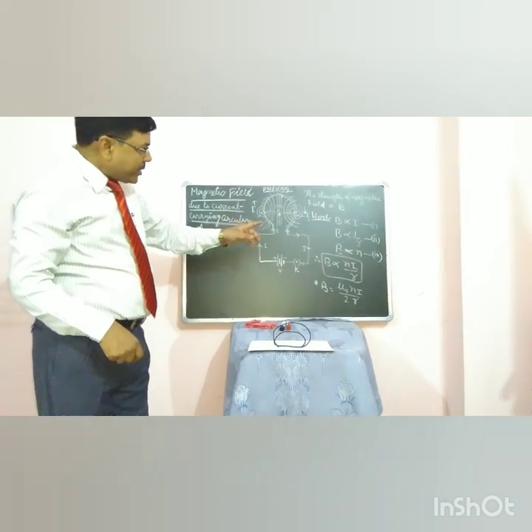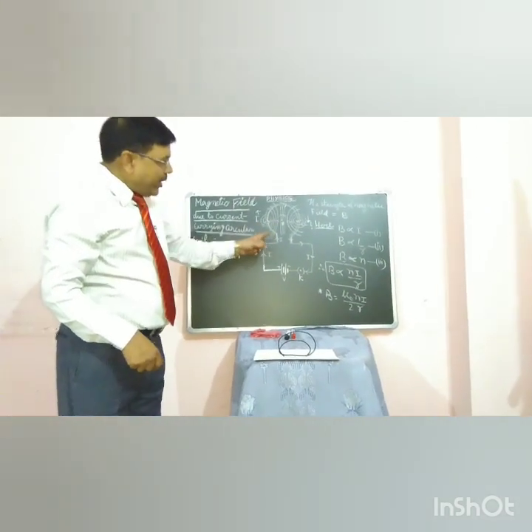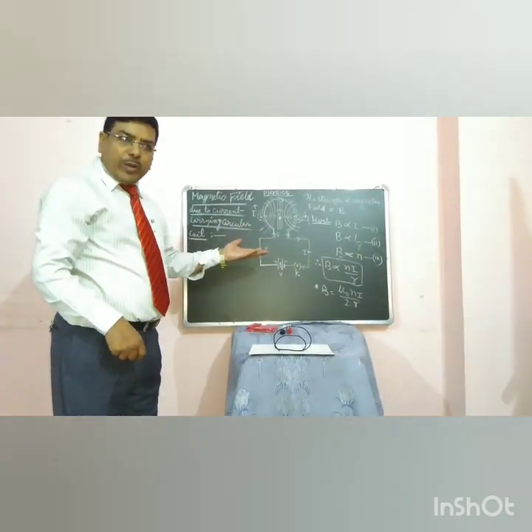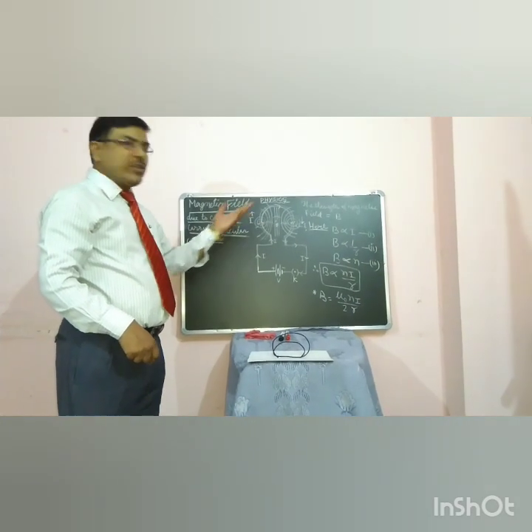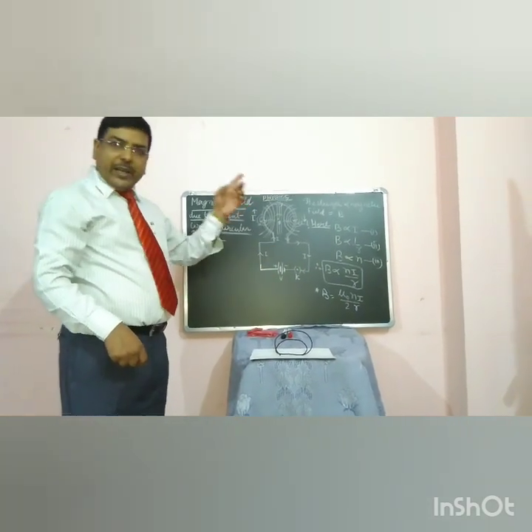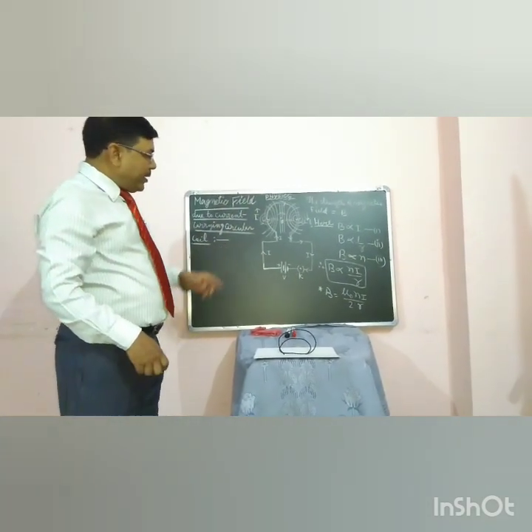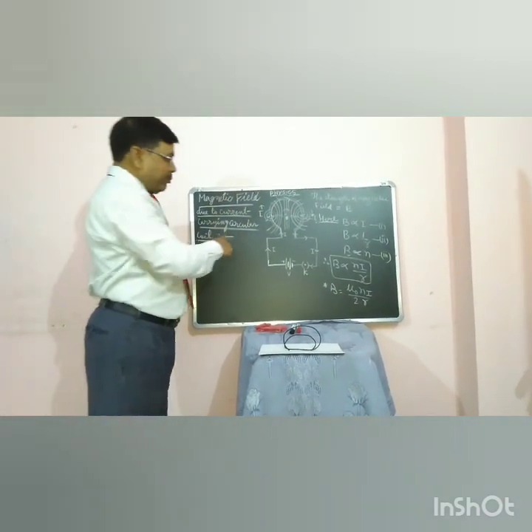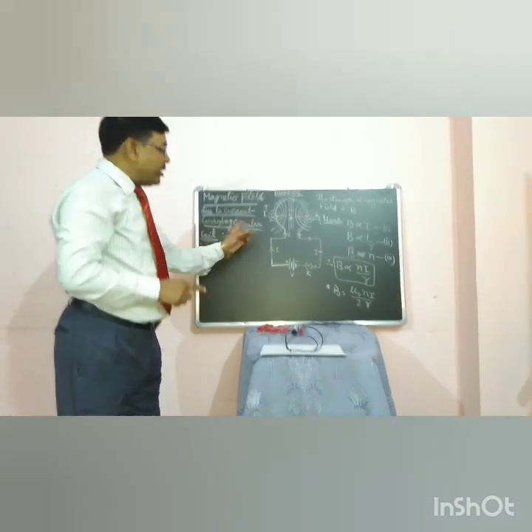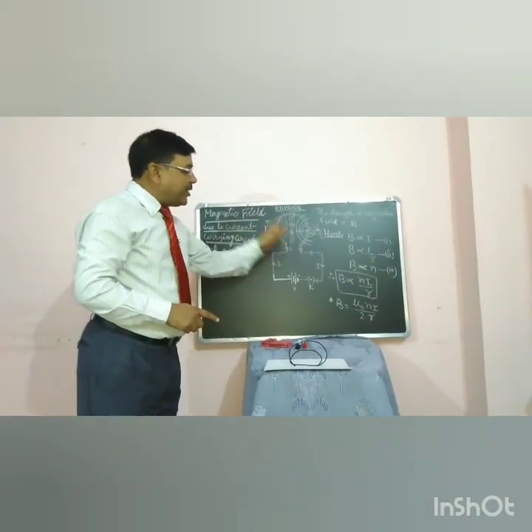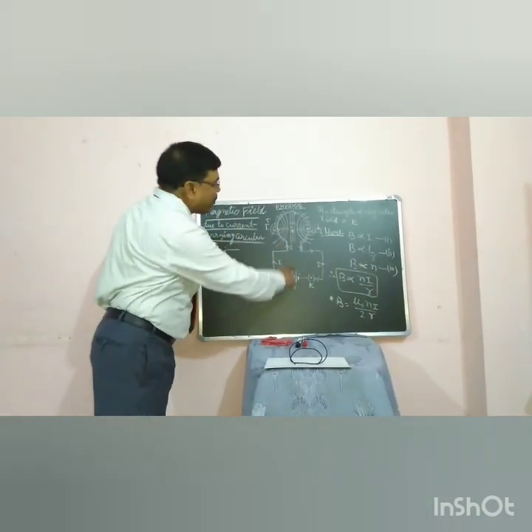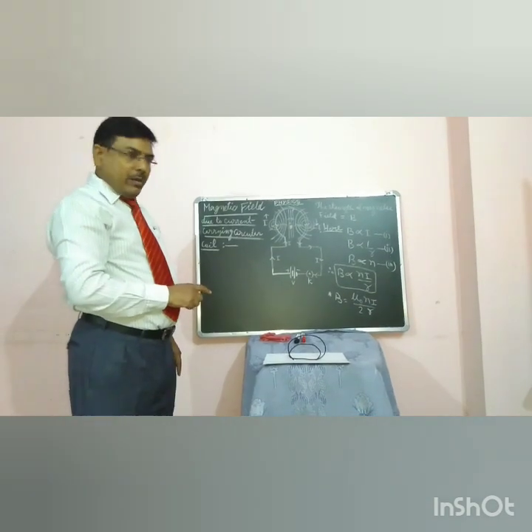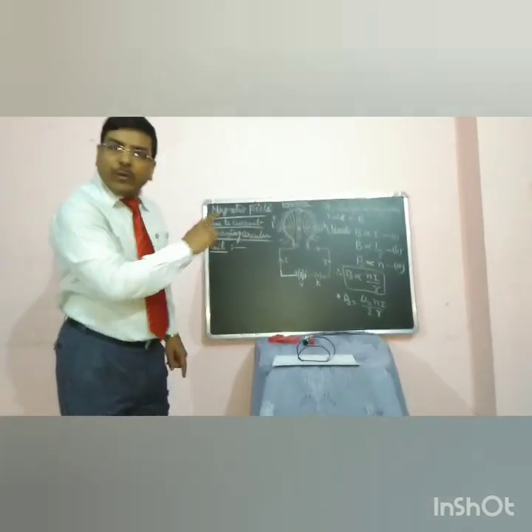What we observe is that magnetic field lines are produced continuously as long as the current flows, and the circular field lines become bigger, and at the center they become parallel.